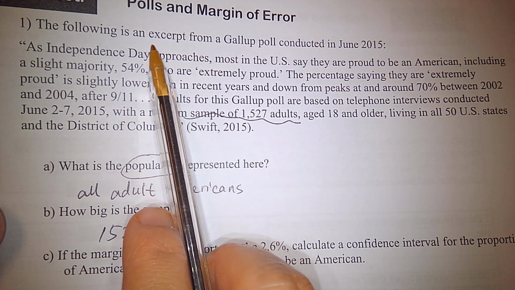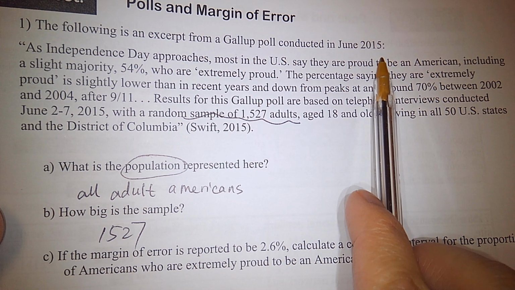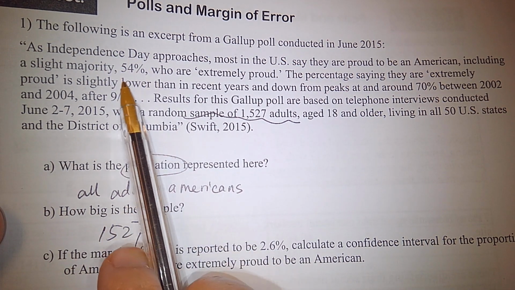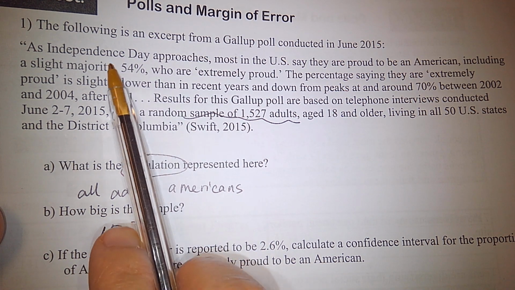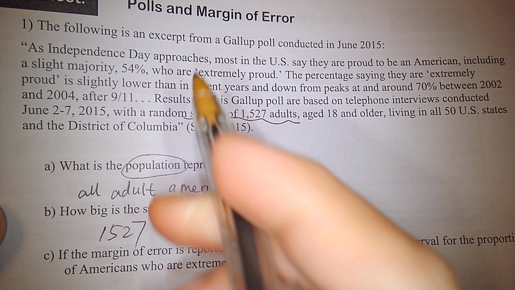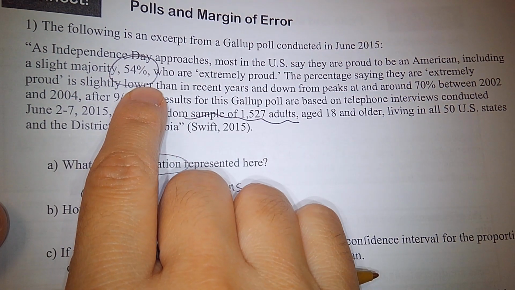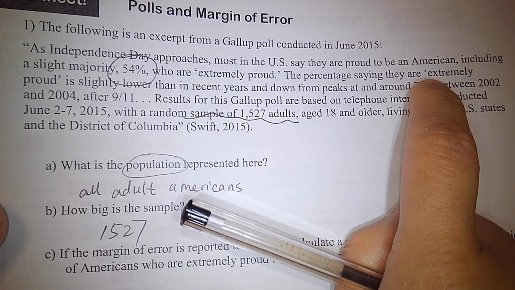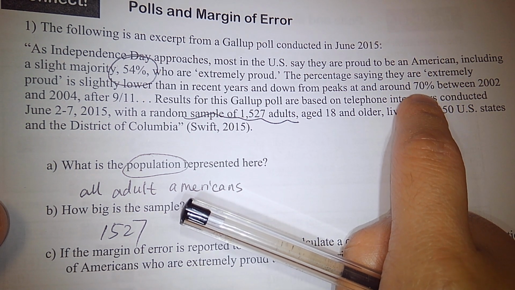So this survey was done in June 2015. The current percentage for adult Americans who are extremely proud to be American is what? Only 54%. This one is distracting you. 70% was the older percentage.